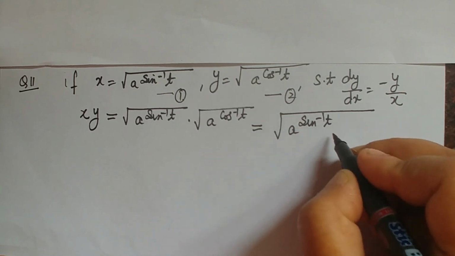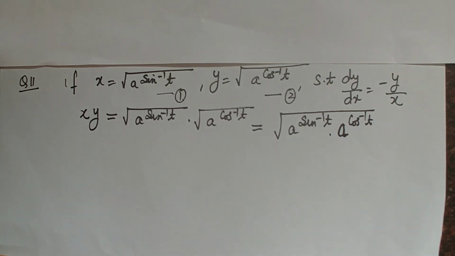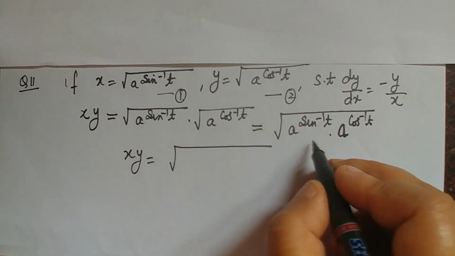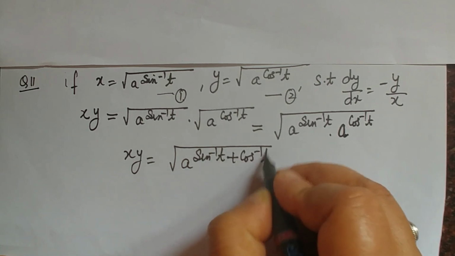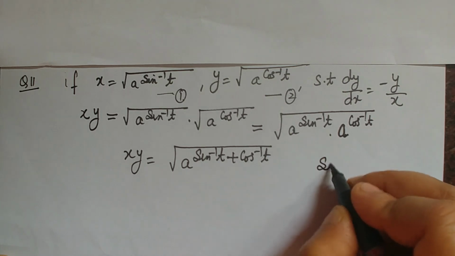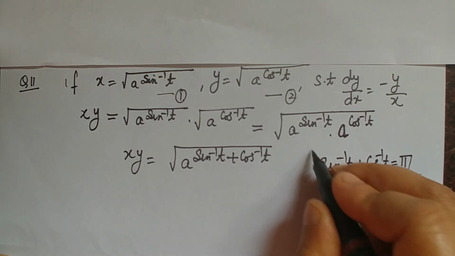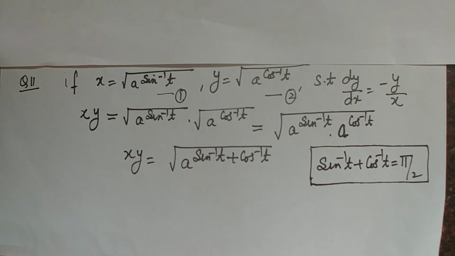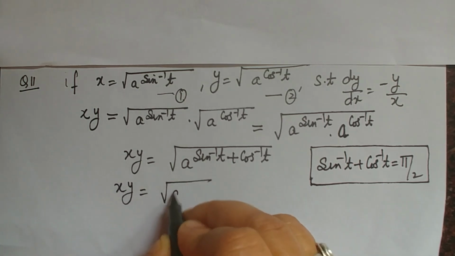Now xy is equal to, by the property of exponents, when bases are same, powers will be added: sin inverse t plus cos inverse t. You are also familiar with the identity from the properties of inverse trigonometric functions that sin inverse t plus cos inverse t is equal to pi by 2. So I get xy is equal to a raised to power pi by 2.